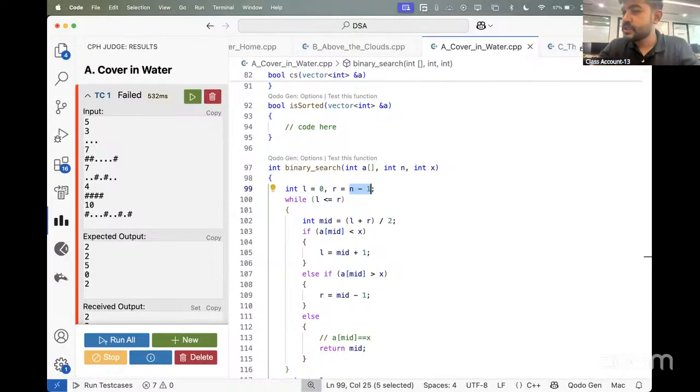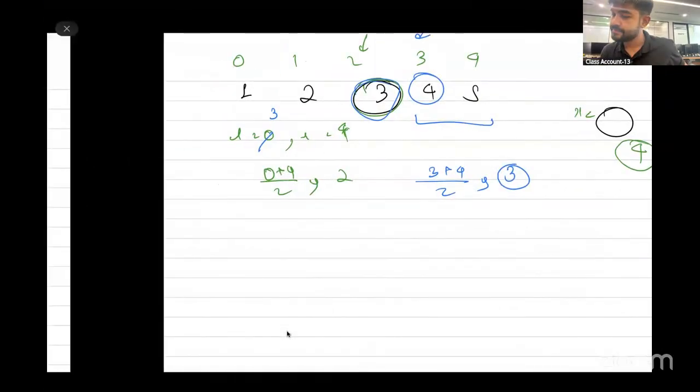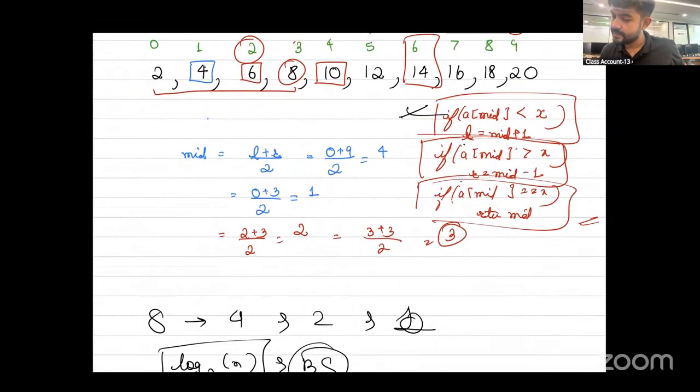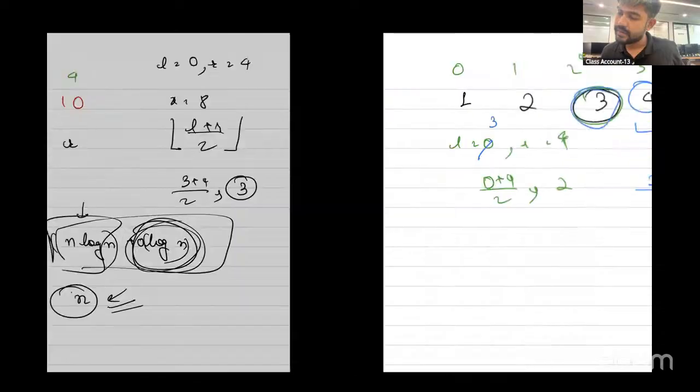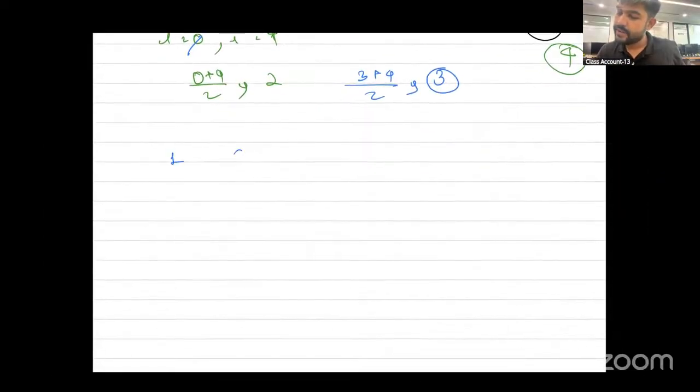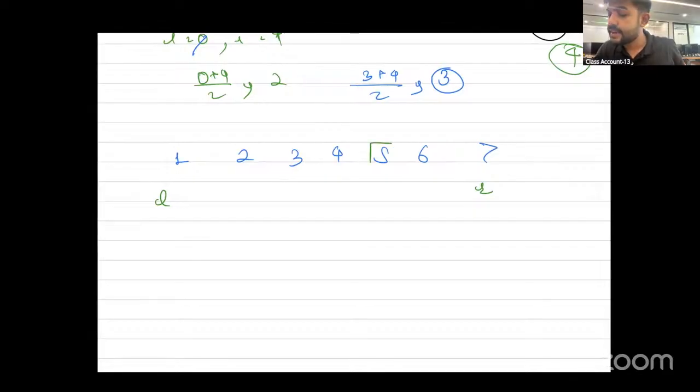So binary search formula: R is equal to mid minus 1. Okay, this part? See. So let's say we have 1, 2, 3, 4, 5, 6, 7. L is over here, R is over here, and the element we are pointing to is, let's say, 5. The mid is basically 5, suppose. And we want to find the element 2. So at this point, we need to focus on this side.